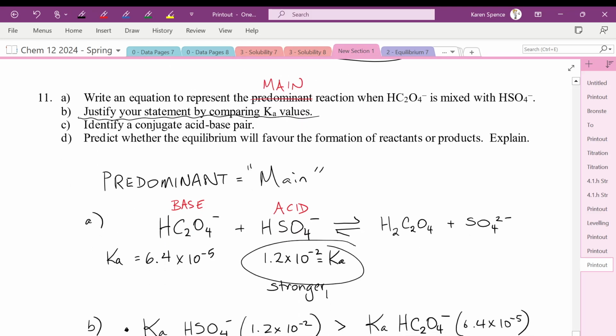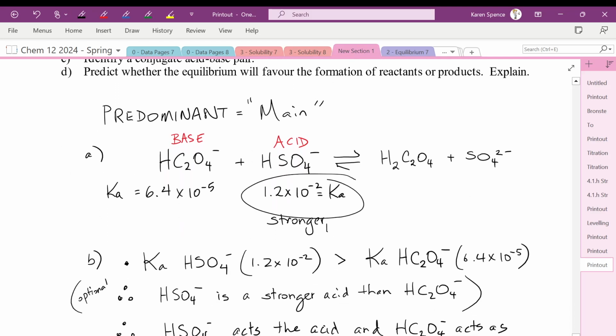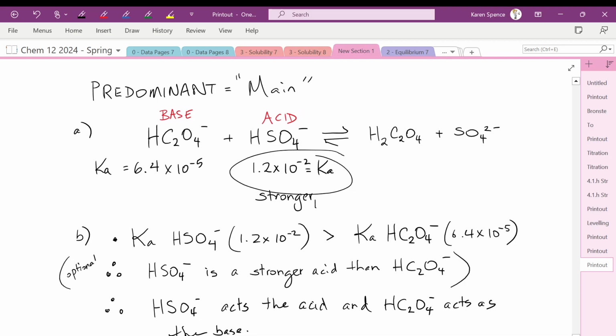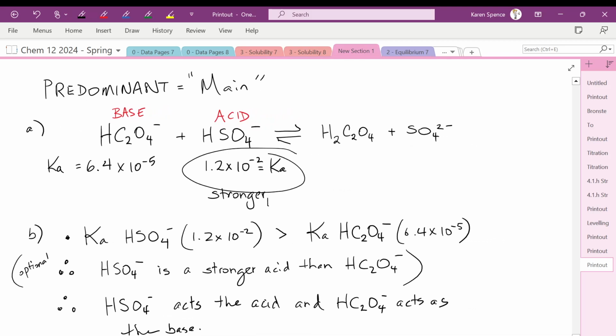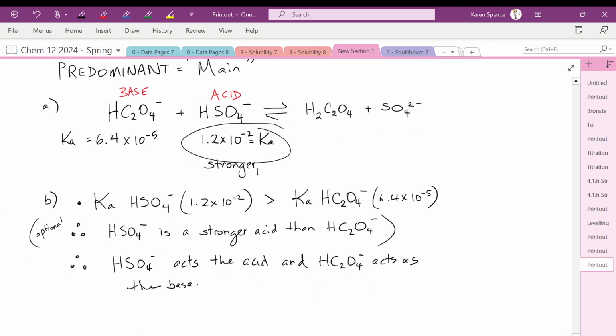Identify a conjugate acid-base pair. HSO4 minus and SO4 2 minus are one conjugate acid-base pair. I would just write HSO4 minus and SO4 2 minus, done.